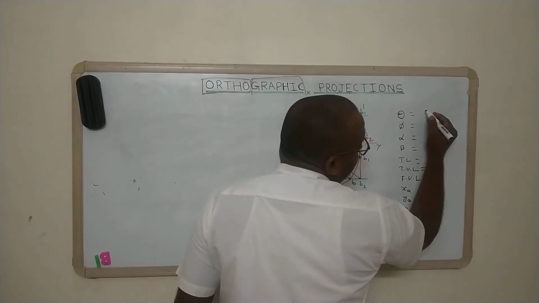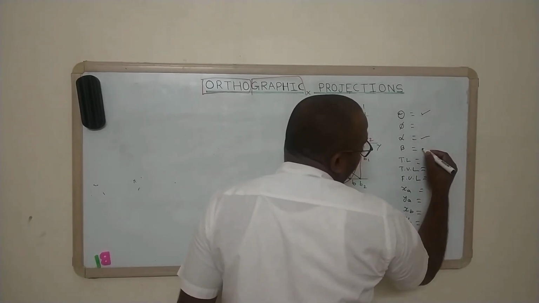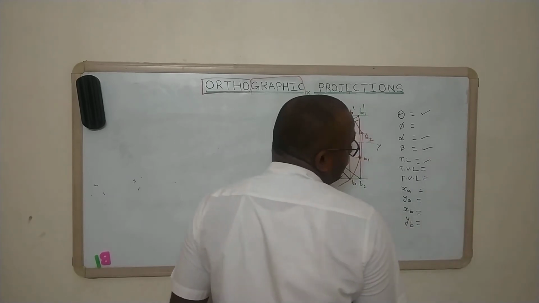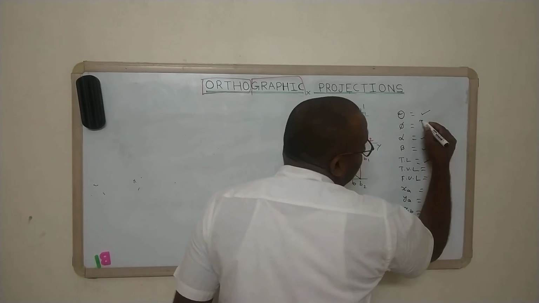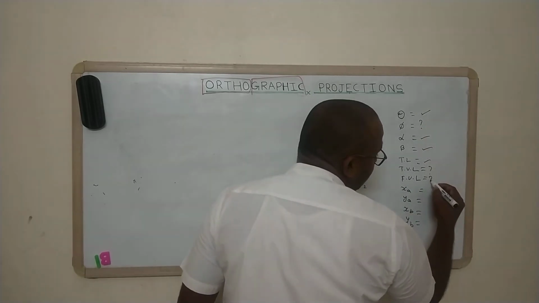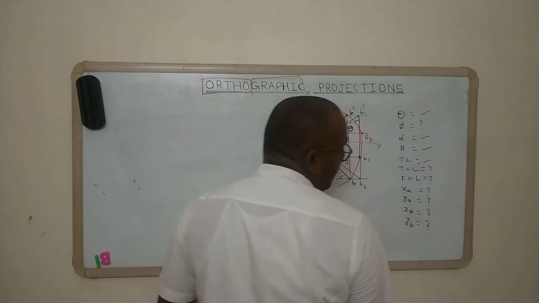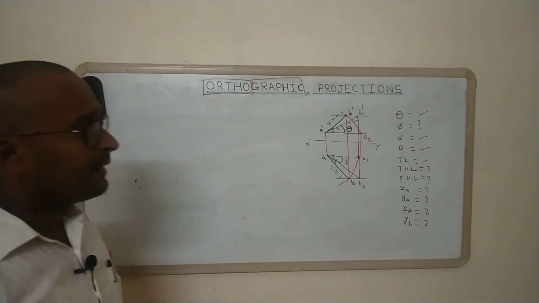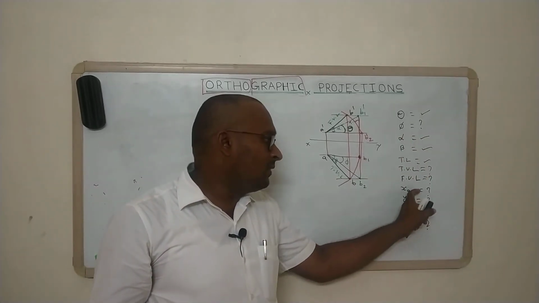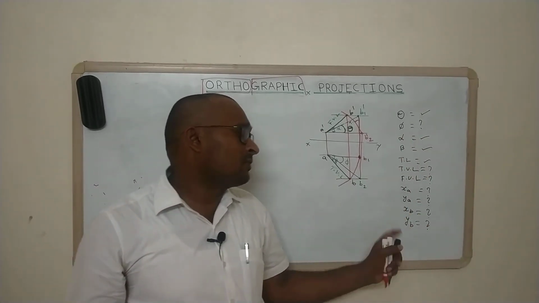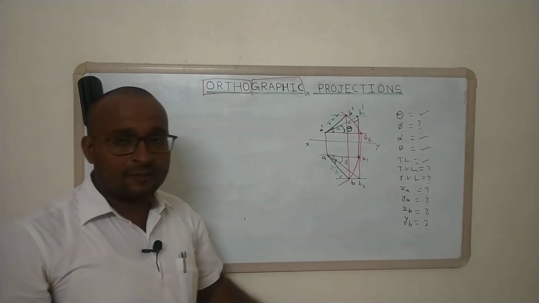Say for example, if they give theta, alpha, beta and true length, then based upon these four parameters, we need to determine all the remaining parameters. Remaining parameters must be calculated based upon the given angle. Sometimes they will give XA, YA, XB, YB also. So based upon that, we need to determine all the remaining parameters.